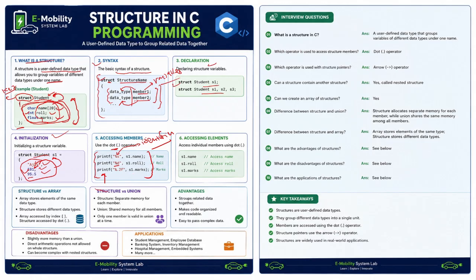And now this is floating type data, so you will use the identifier %.2f. You will use the dot operator like this. After the dot operator you write the variable name. In this way you can see the output which is stored in those particular variables.